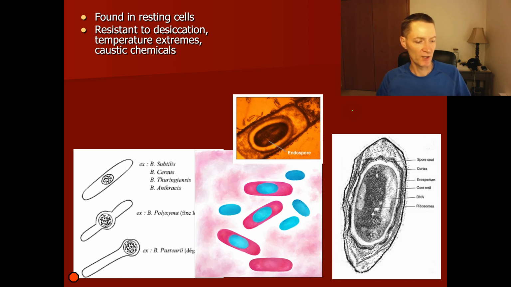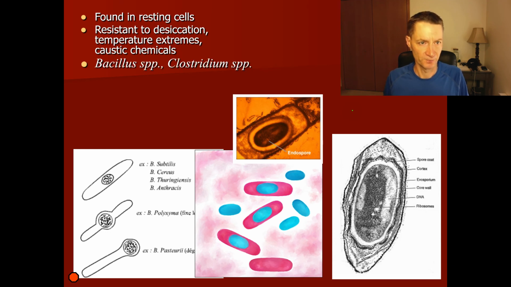Now, I was saying earlier that there are some tricks that gram-negative organisms had, these fimbriae and pili and things that they can do. Well, this is primarily a gram-positive trick. These spores are found in gram-positive organisms. Bacillus is a genus with many species, okay?